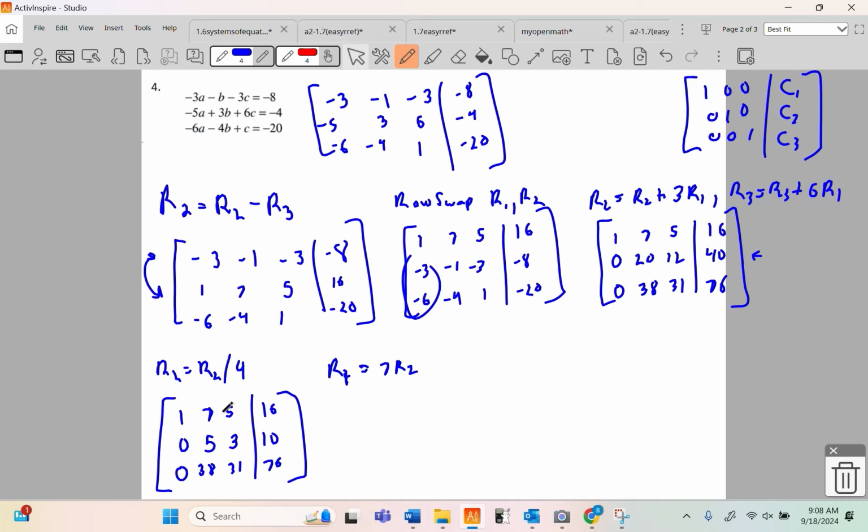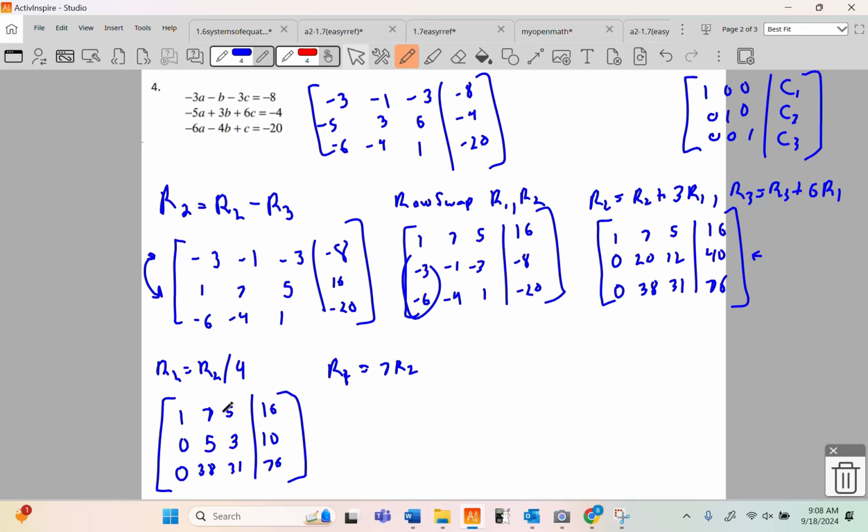Shoot. Let's go back and double check, make sure I didn't make a mistake. Row 2 is row 2 minus row 3. Right now I'm checking if you're wondering what I'm doing.